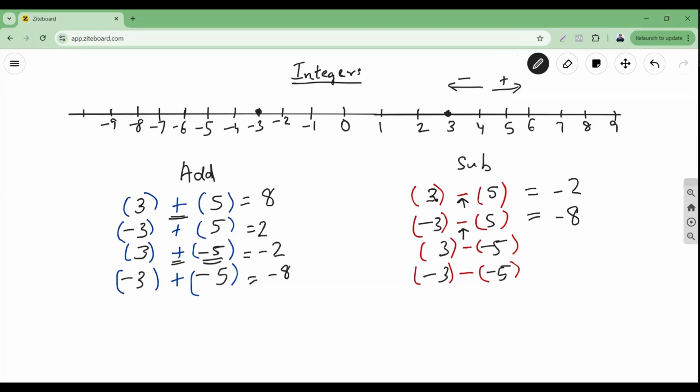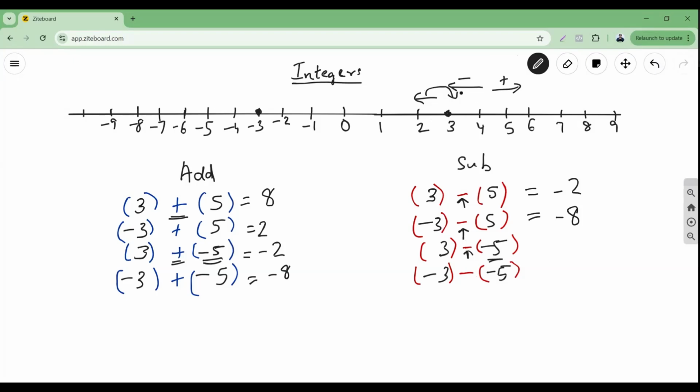3 minus, okay, I start from 3, and because of this minus, I know I go to the left side. However, there's a minus again with the integer 5. So minus 5 it is. So this direction gets reversed.